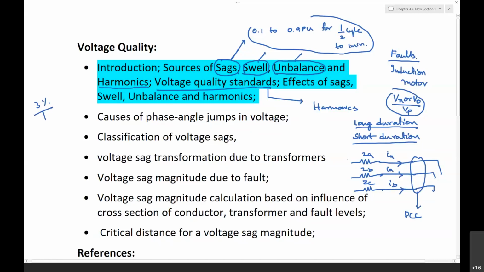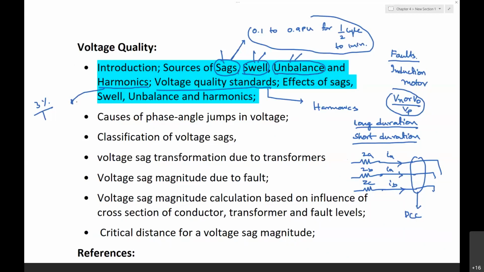Voltage harmonics exist due to the currents only. The standards for sag and swell were mentioned when I discussed the definitions, and for harmonics I gave in the last class how much individual harmonic voltage and overall total harmonic distortion should be allowed.